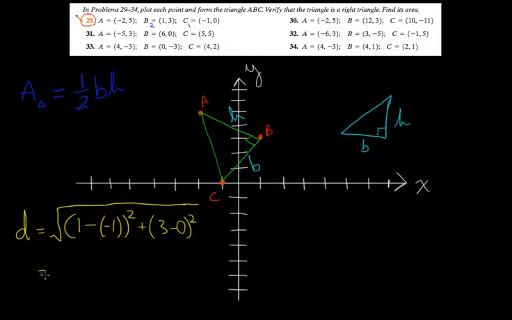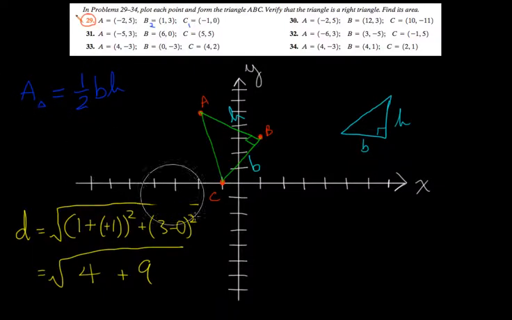Okay, and that simplifies to, minus a negative is a plus, so 1 plus 1 is 2, 2 squared is 4, plus 3 minus 0 squared, which is 3 squared, which is 9. So this turns out to be 4 plus 9 is 13, square root of 13.